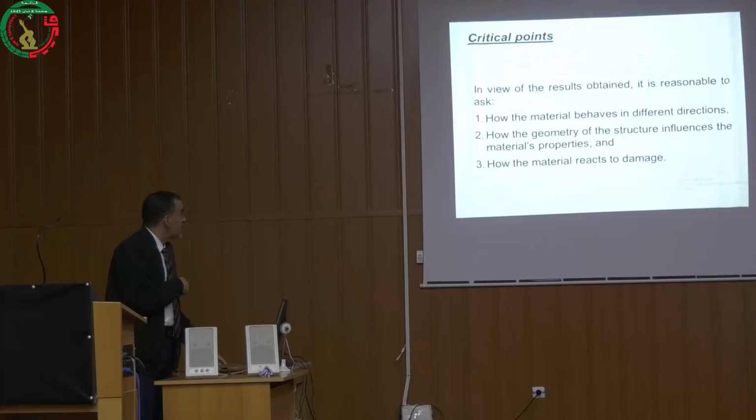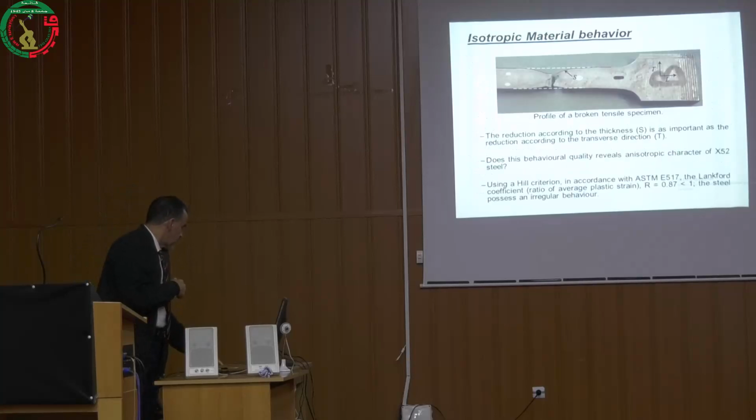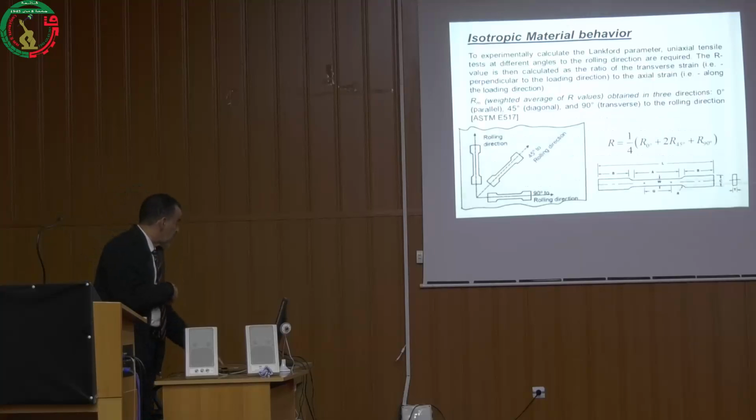What does it mean? We can return to the table and see that the hardening strengths for the two directions are similar, while for the ultimate strength we have a big difference. How to obtain the Lankford coefficient?